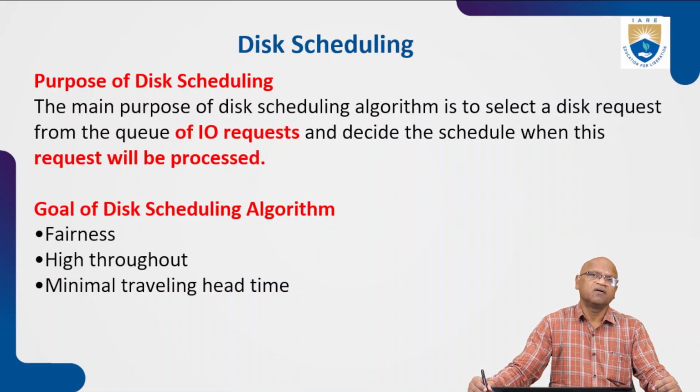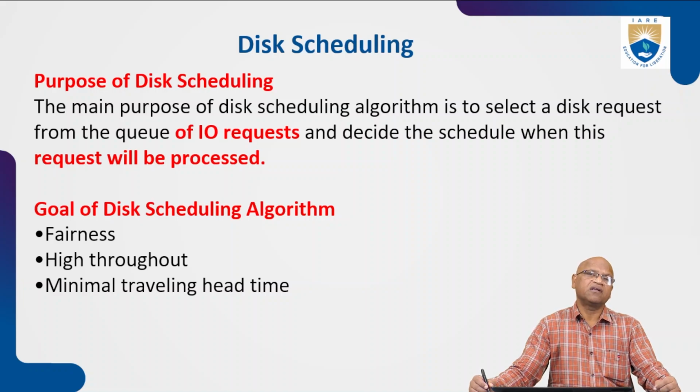So the goals of disk scheduling are fairness, high throughput, and minimal head travelling time. The head is our read and write head, which can only read data from the specified location, a specified sector, specified track. So minimum head travelling: you should not take 1 hour to open a file.